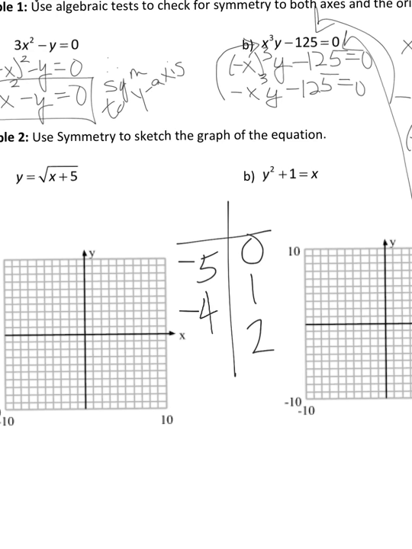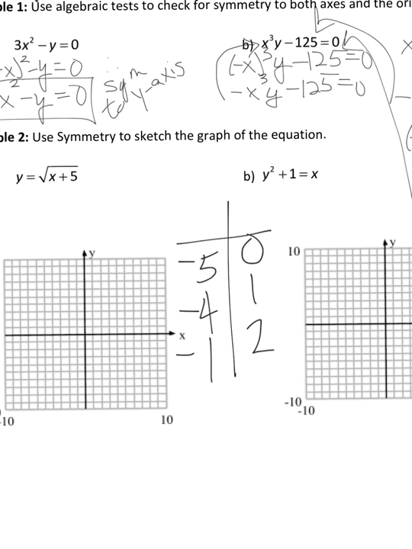And then, because the square root of 1 is 1, what value for x would I need to get out 2? Well, in order to get 2, you need to square root 4. So what value would I have to plug in for x in order to get 4 underneath the radical? That would be -1, because -1 plus 5 is 4, and the square root of 4 is 2.